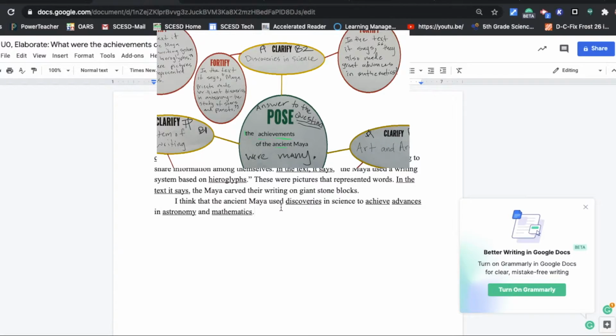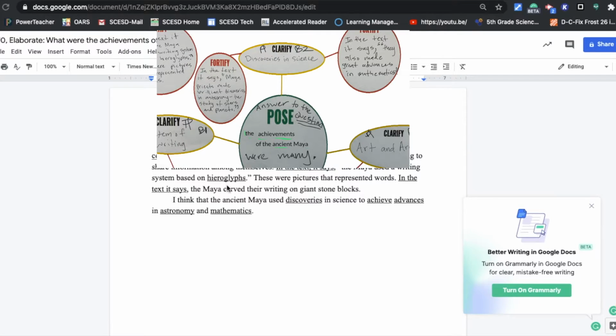So let's continue here, and we can continue writing. So we can continue here by looking at our fortification statements. And we can continue clarify and use another sentence, or we can just build this off of the fortification statements. And we're just going to make it easy and just go right off the fortification statement.